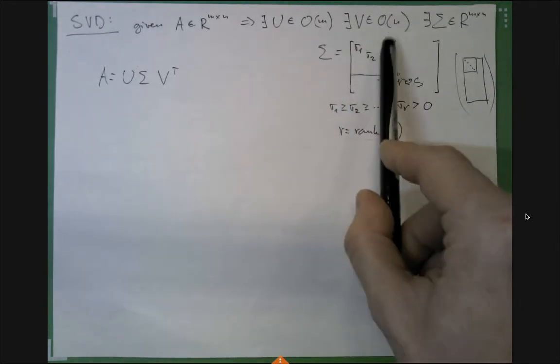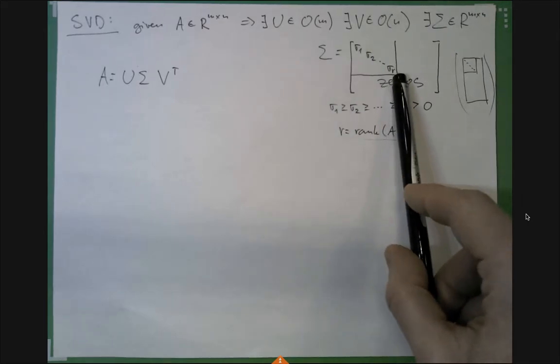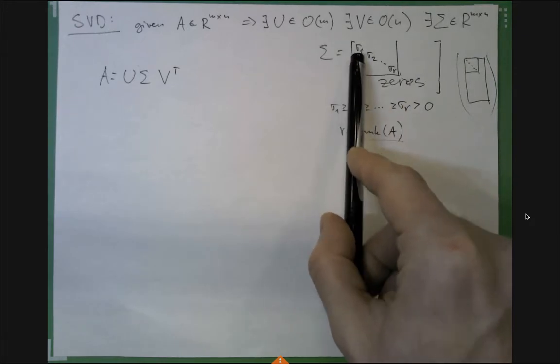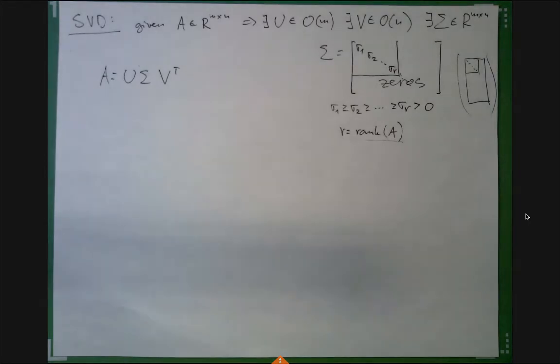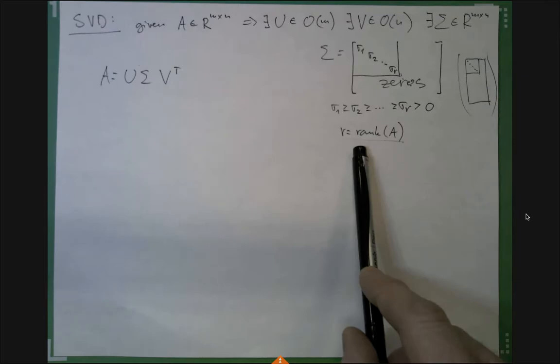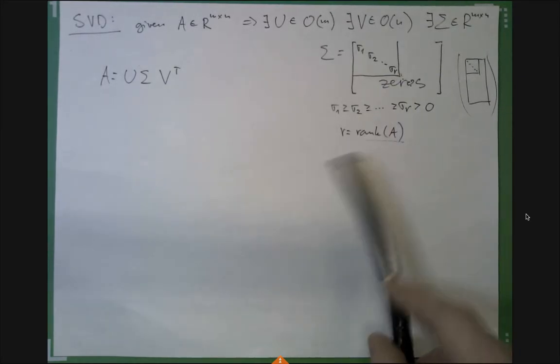Furthermore, these non-zero values are called singular values, and they are ordered. The first one is the largest and they are decreasing, and then you just get zeros at the tail. The number of these singular values is exactly the rank of the matrix. This sigma r is this r here, which is the rank of the matrix.